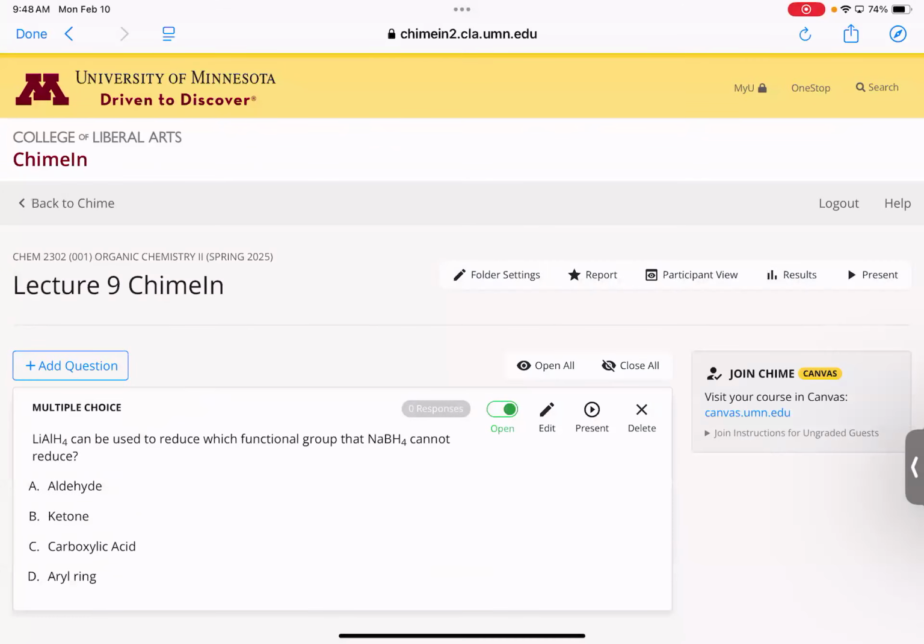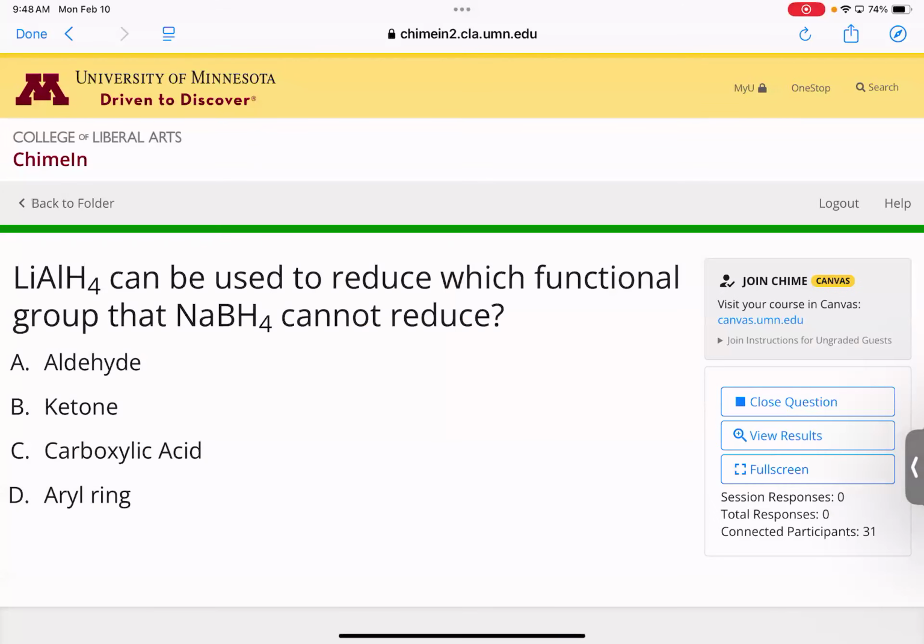All right, so let's go ahead and see if we can recall what the lithium aluminum hydride can be used to reduce that sodium borohydride cannot. We have H2 in this mix. We have multiple H minus reagents, so we want to make sure that we can differentiate these.